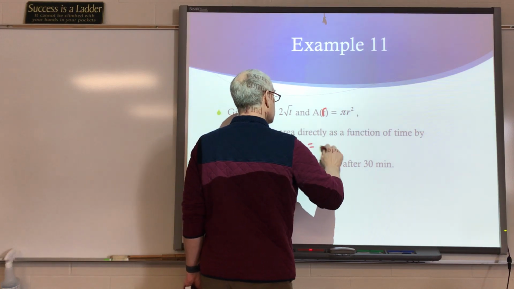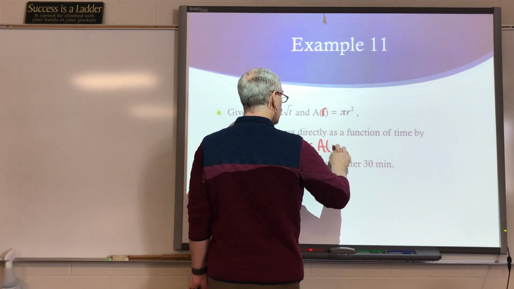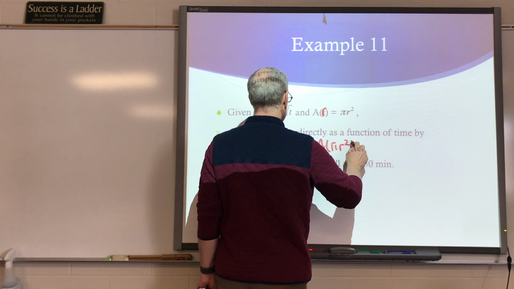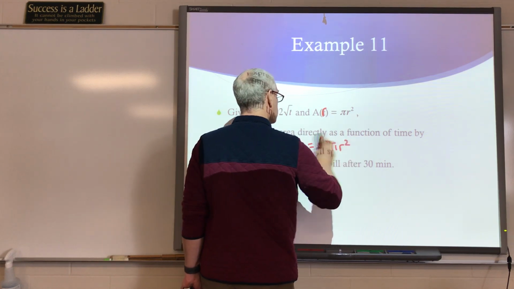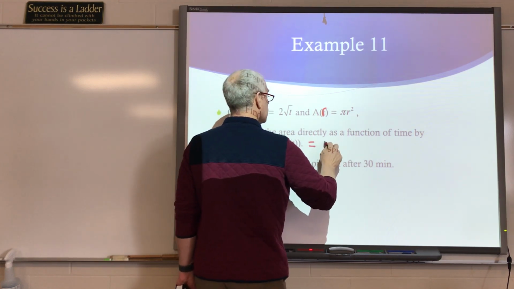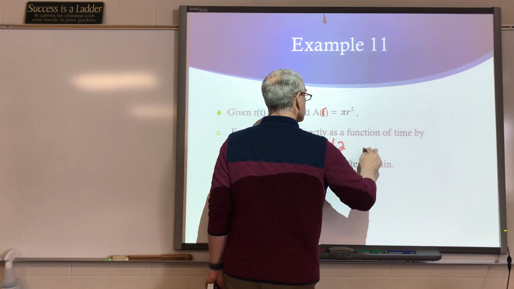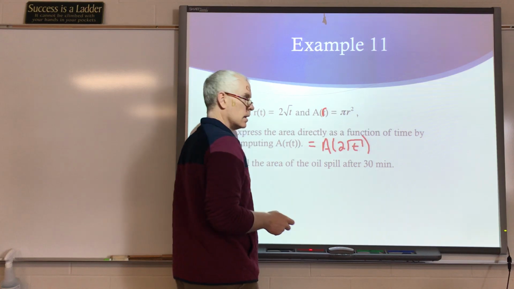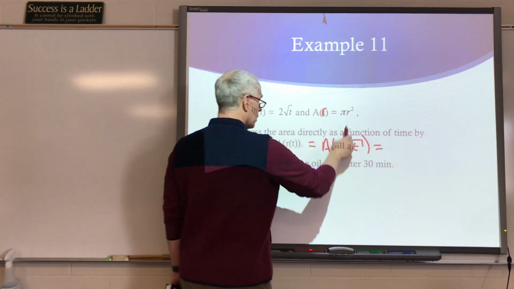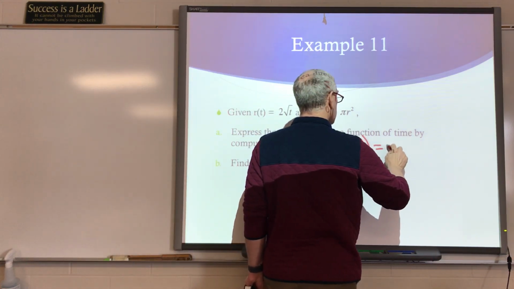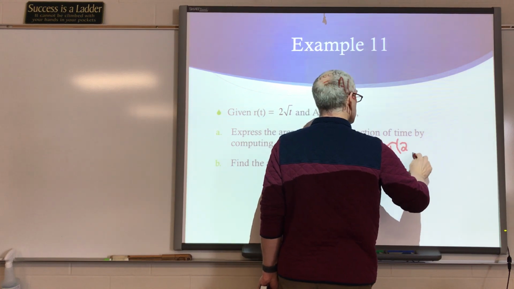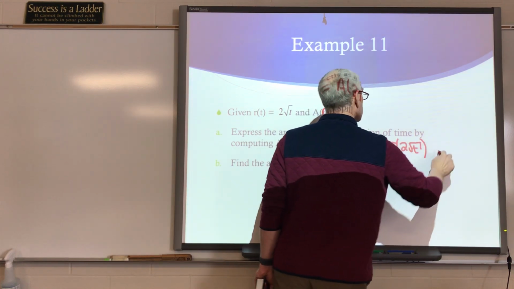That's going to be the area function evaluated at 2 square roots of t. And so that means I'm going to replace that r, pi times 2 square roots of t, squared.